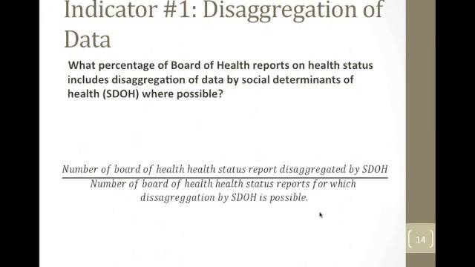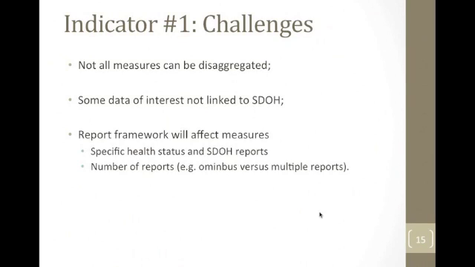If we move on to the next slide, please, you'll see that although the intent of this indicator is helpful, there are some limitations potentially in the way that health units may be able to report that. And part of that has to do with the fact that health units vary in terms of their size.